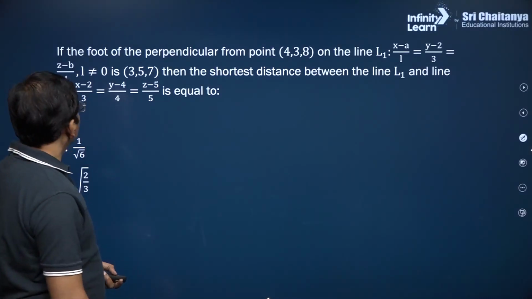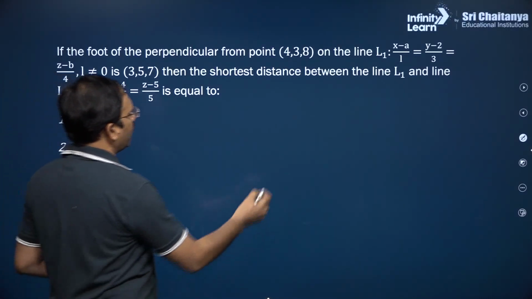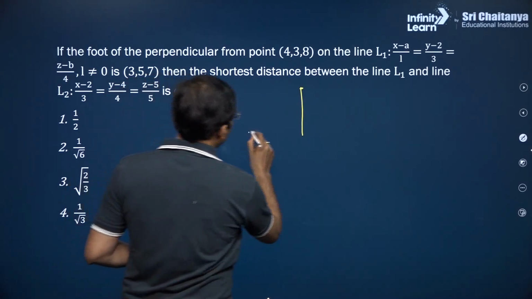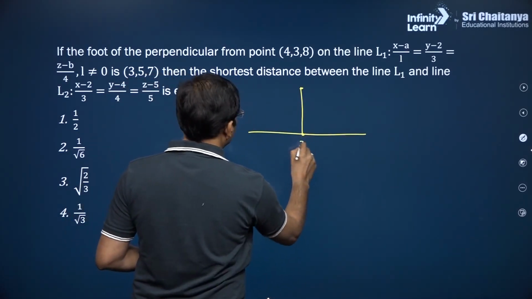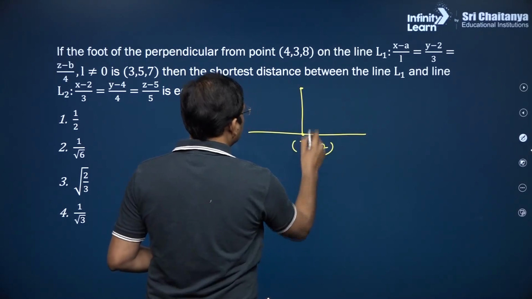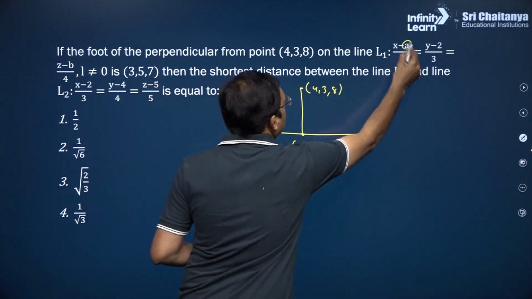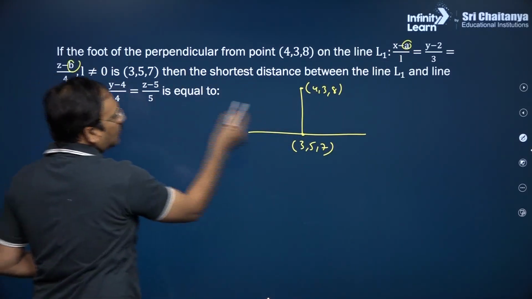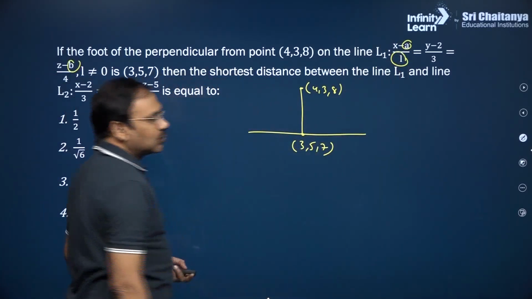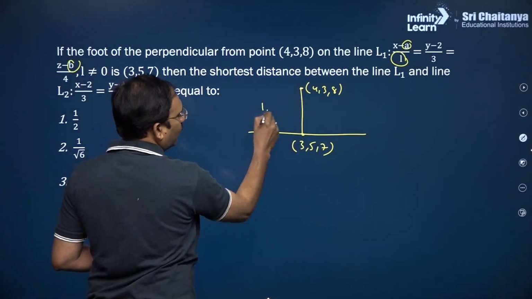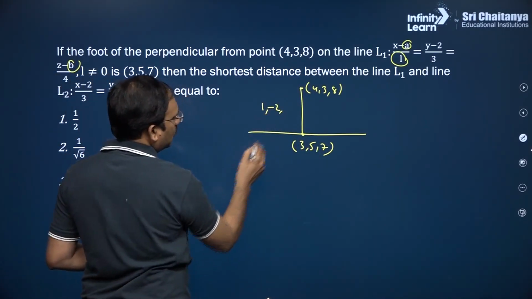Next, my dear friends, the foot of the perpendicular from the first point onto the second line is given, my dear friends, 3, 5, 7. Since this point 4, 3, 8 is given and the line, A is unknown, B is unknown, here L is also unknown. So, what you can do is, first of all, you can just find the DRs of this line, 1, minus 2, 1.